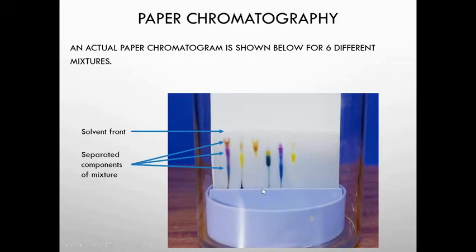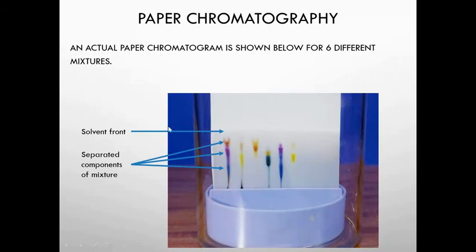And then you can see each of these different inks had different components. This one had kind of a red and a yellow component. This one seems to have green and maybe a yellow component. And then you can see that each ink had different components in the ink to make the color of ink that was in the pen.